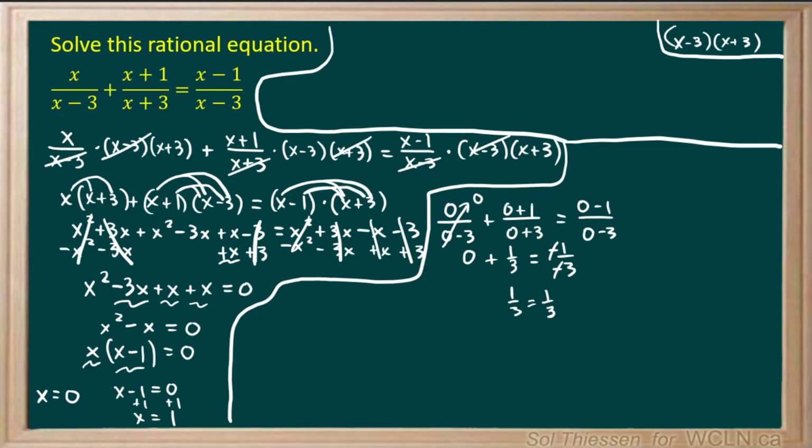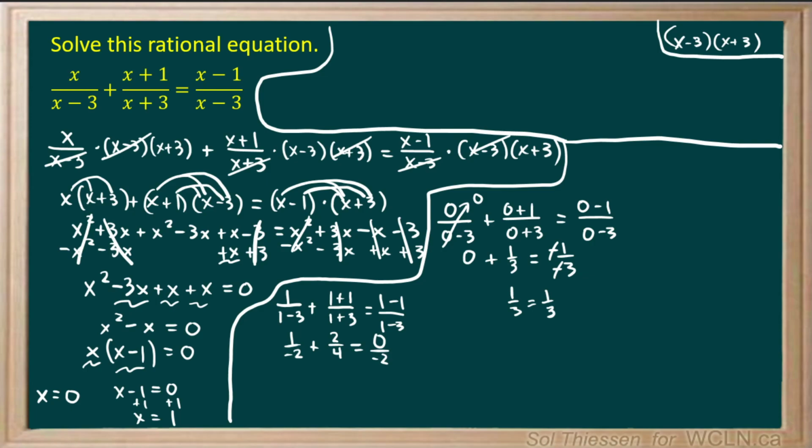Now let's try our possible solution of x = 1. And maybe we'll do that down here. So we'll have 1 over 1 minus 3 plus 1 over 1 plus 3 equals 1 minus 1 over 1 minus 3. So this will be 1 over negative 2 plus 2 over 4 equals 0 over negative 2.